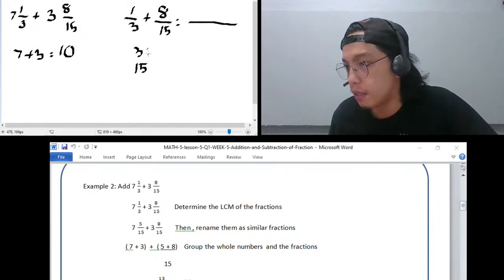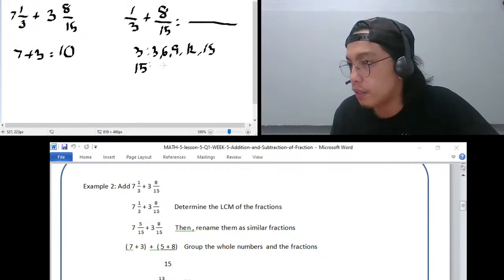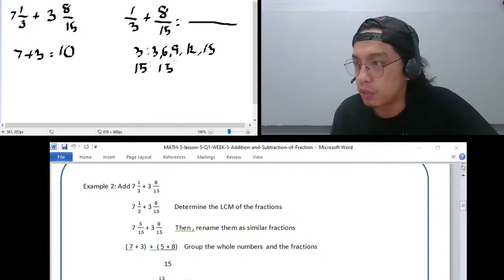Write 3 and 15. Starting with 3, plus 3 is 6, plus 3 is 9, 12, plus 3 is 15. So the least common multiple is 15.